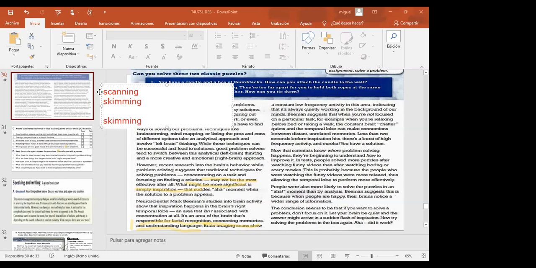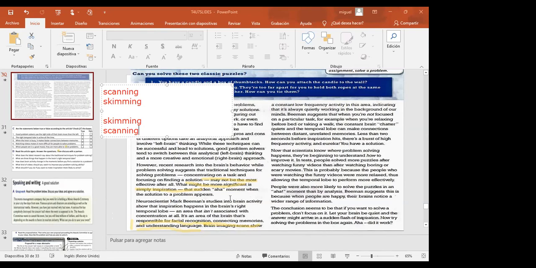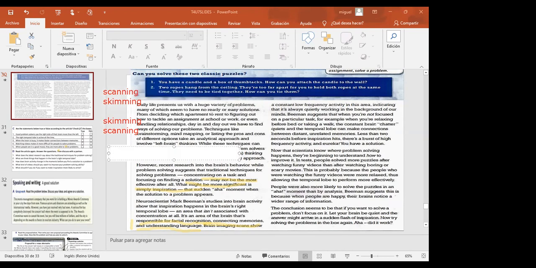Scanning is about specific questions, specific answers. So the first one is skimming, general, about the whole article. Scanning is looking for the keywords, like in the first question, second question, third question, in different paragraphs. So you need to look for the keywords.